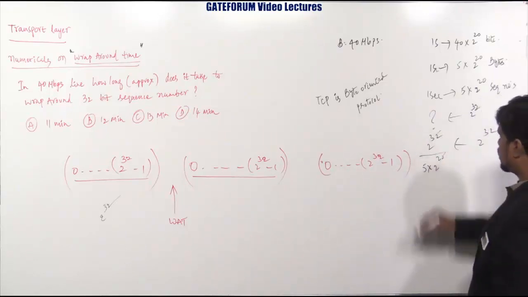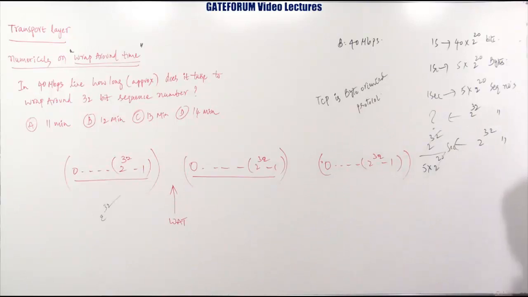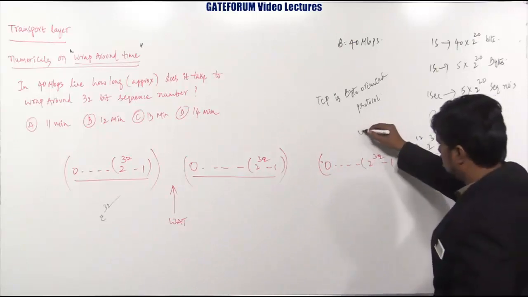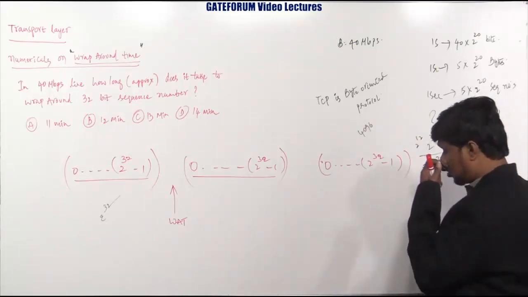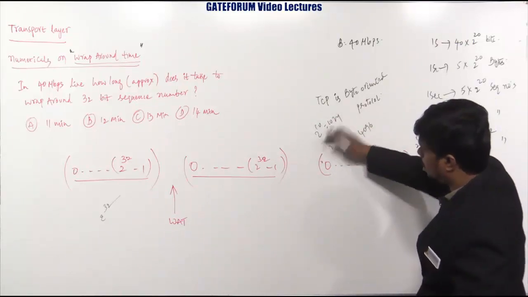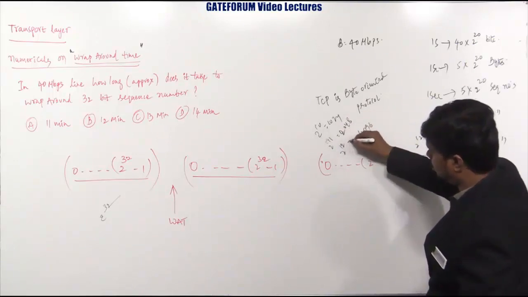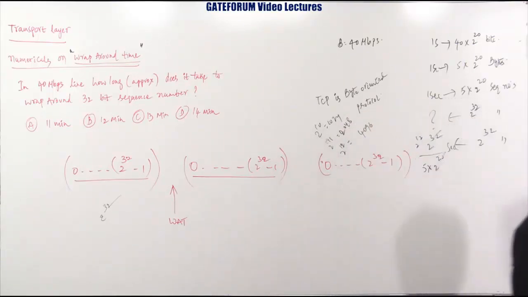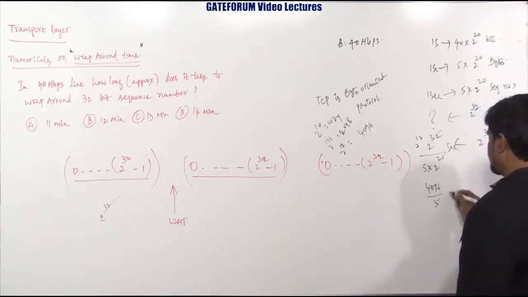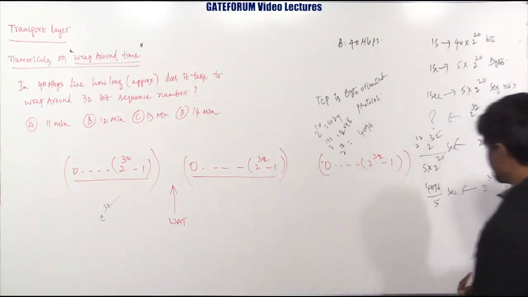So 2 power 20 and 2 power 32 get cancelled. This many seconds are required to generate the 2 power 32 sequence numbers. Then it is 2 power 12. So 2 power 12 means 4096. 2 power 10 is 1024, 2 power 11 is 2048, and 2 power 12 is 4096. So 4096 by 5 seconds it takes to generate 2 power 32 sequence numbers.